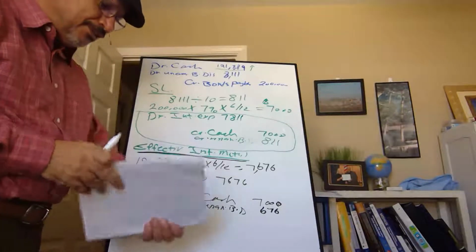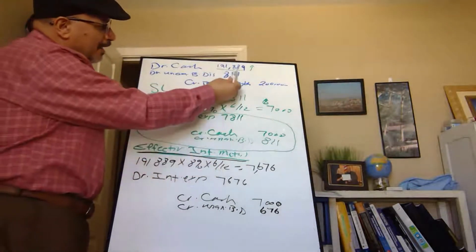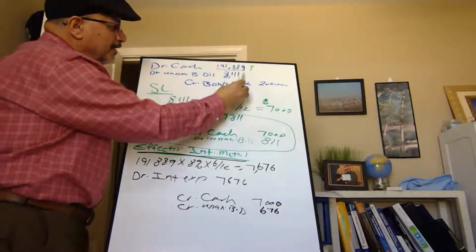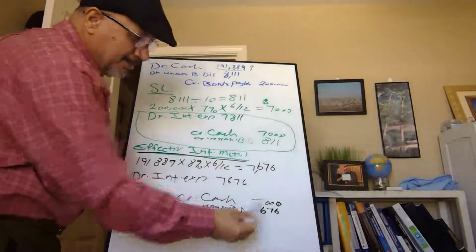Remember, we said every time you amortize, the carrying value or the issue price of the bond is going up a little bit. Now it's going up by 676.